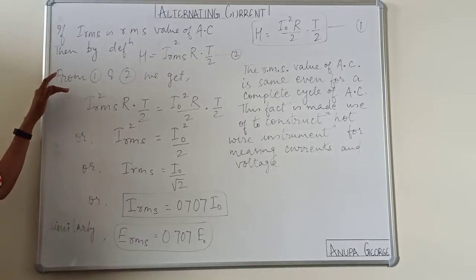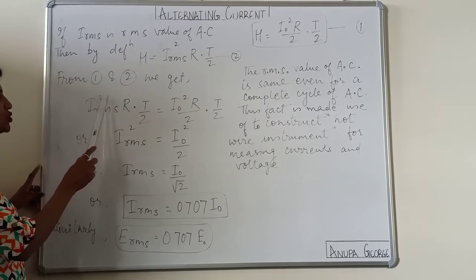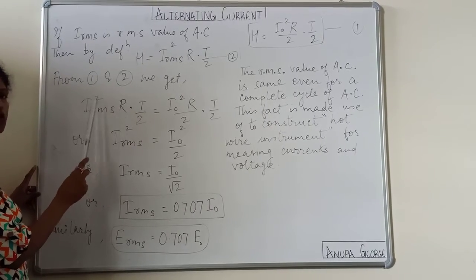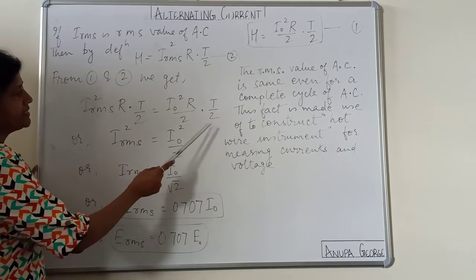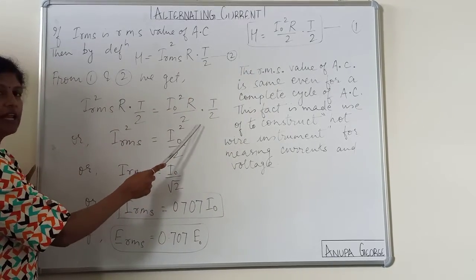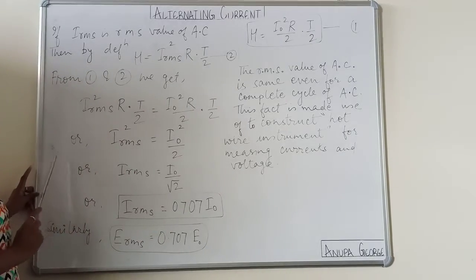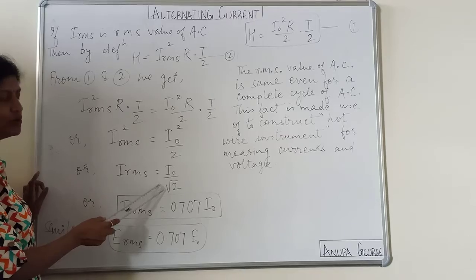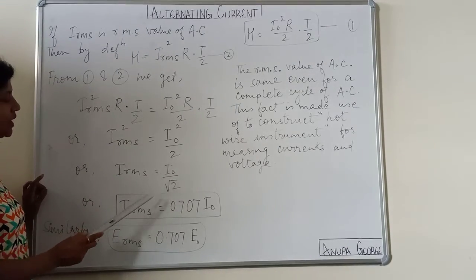From equations 1 and 2, comparing these two values we get I RMS is equal to I naught upon root 2.